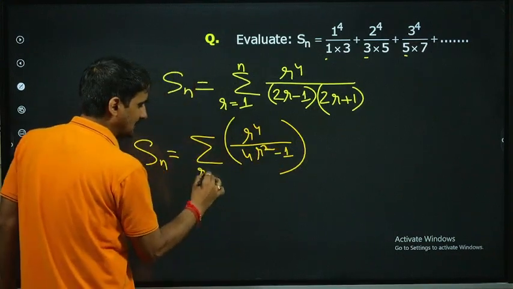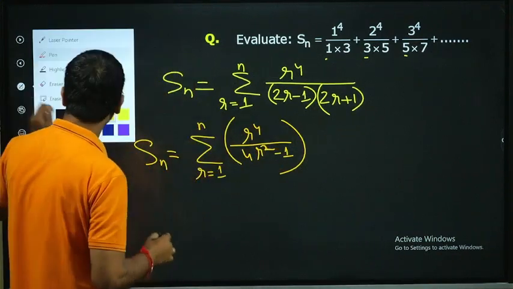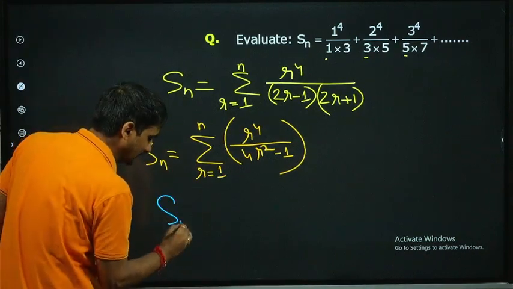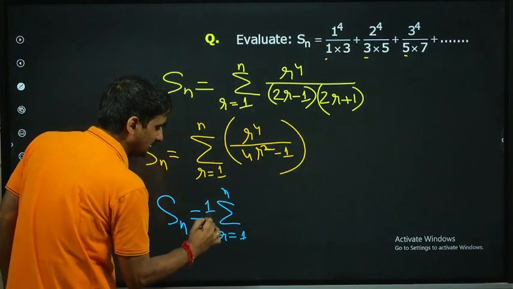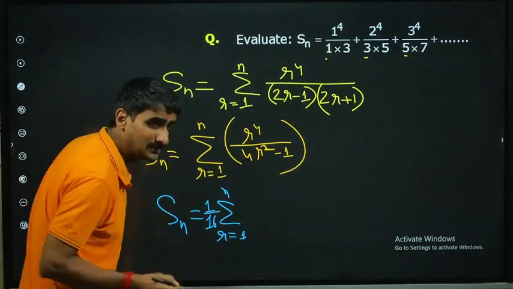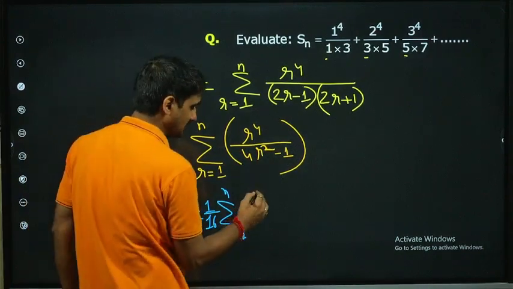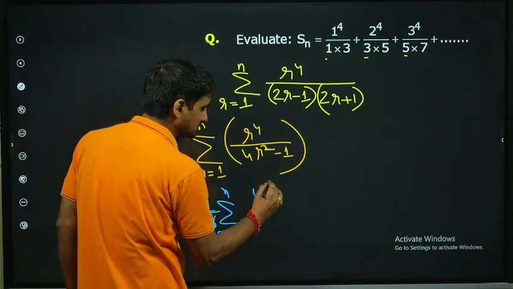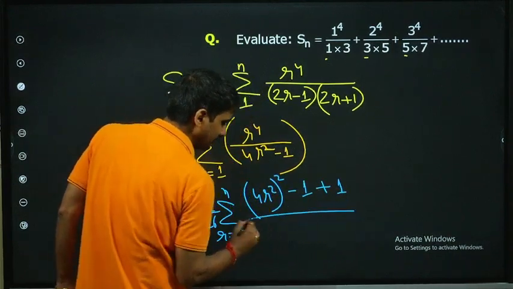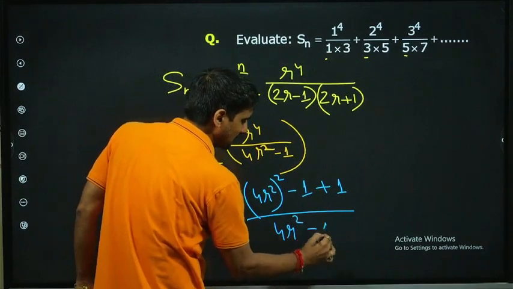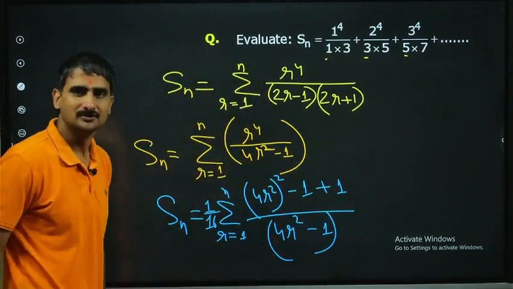Okay, so now what I did, and I think most of you would have been able to do that to simplify it, is I divided by 16 and multiplied by 16. So I can write it as 4r square whole square minus 1 plus 1 upon 4r square minus 1, bachcho.